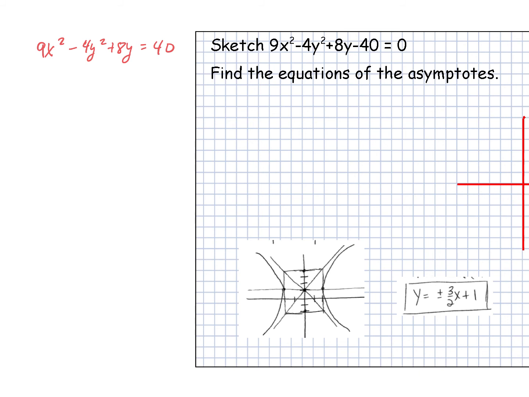But when I first started looking at this problem, I divided by the 40 right away, and I'm like, oh, 9/40, that's not good. That doesn't help me. So I said, well, let me try it the other way and then see what goes on, which did help me. So 9x squared, I'm going to take out the minus 4, leaves me with a y squared minus 2y equals 40. So I only have one square to complete on this problem.